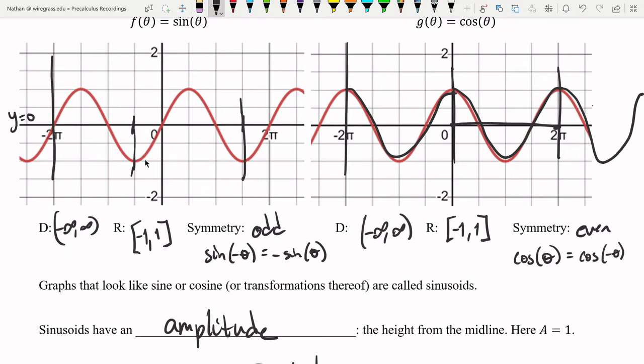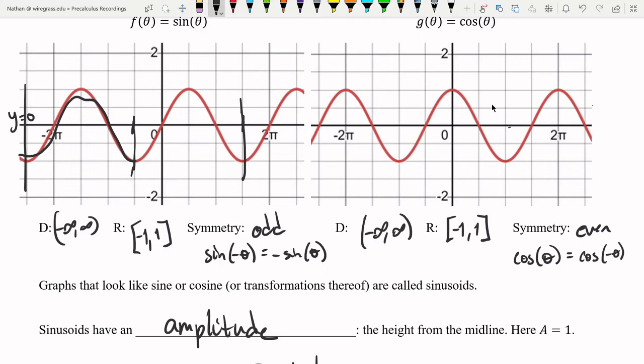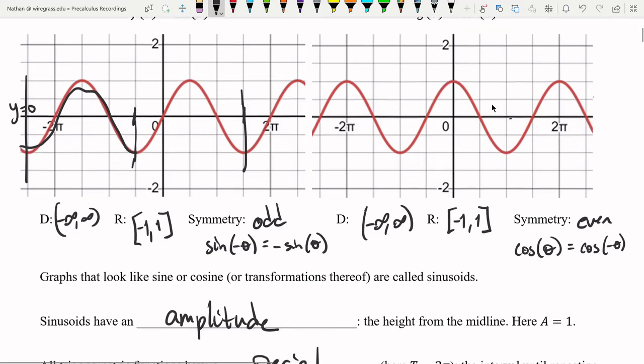And you can see this again, right? This is going to be right here. So it's the same exact behavior in both of these portions. And you can do the same thing as much as you want. For any 2 pi portion you look at, you're going to see that the function just keeps repeating itself to the left and to the right. That's what a period is.